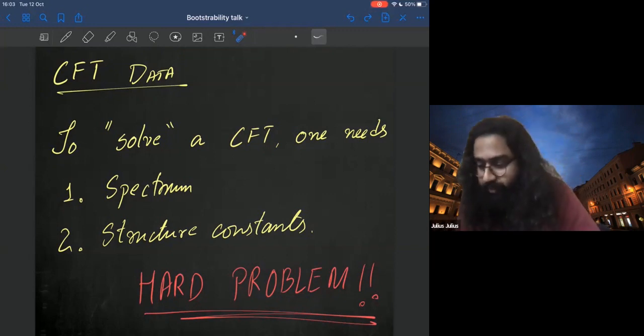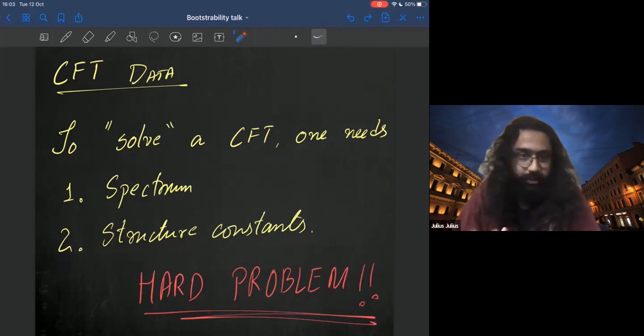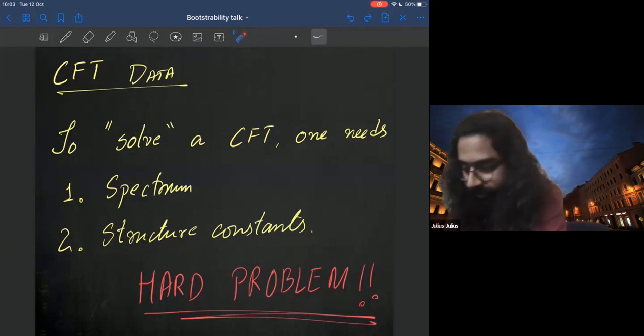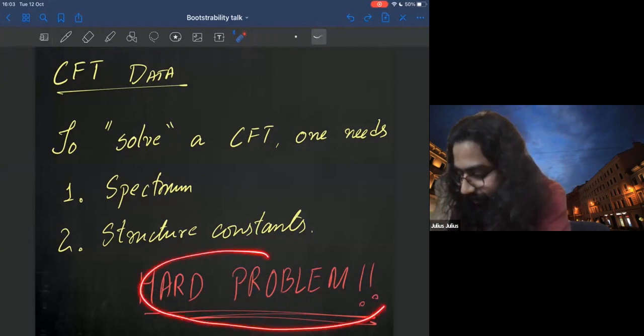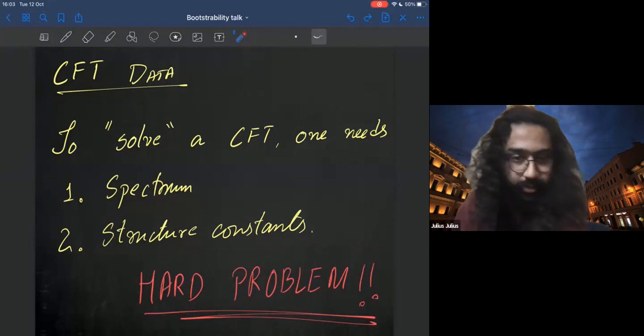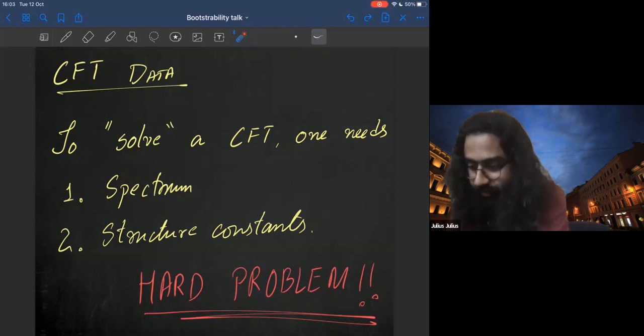In practice, this means we know the spectrum and structure constants of the conformal field theory non-perturbatively for any value of the parameters. Past experience over many years has shown that this is quite a hard problem, and in general, it's really hard to solve the CFT. So one can ask, is there some way to make our life a bit easier?